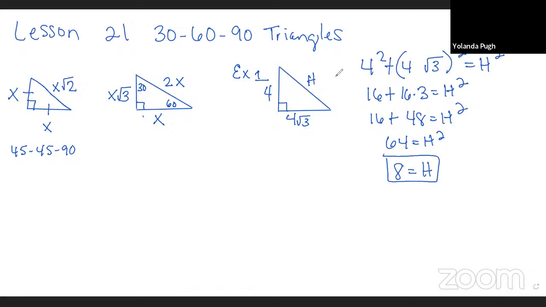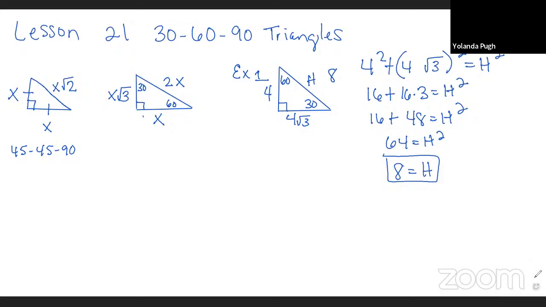And so the length of our hypotenuse is just as we expected. It is twice the length of the short side, which means this is the 30 degrees and this is the 60 degrees. And so we prove that using the Pythagorean theorem.